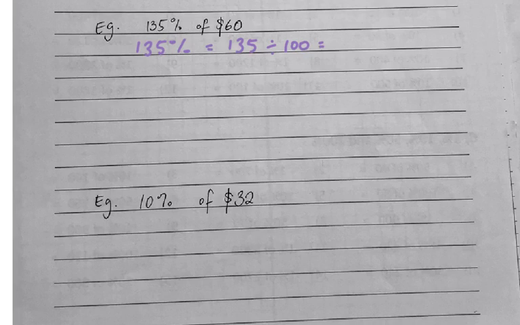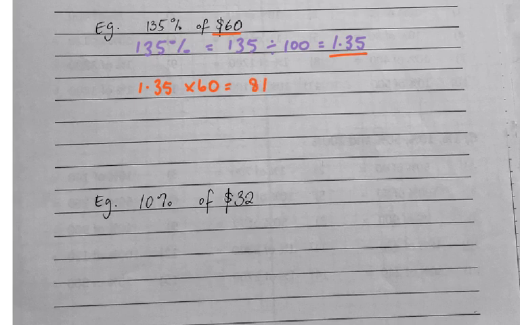And if you put that through the calculator, or if you do division, then you should get the answer of 1.35. My second step is now to multiply my two numbers together. So I'm going to do 1.35 times 60, and again I can put that into my calculator, or I can actually go through and do the working out for that, and my answer is 81.